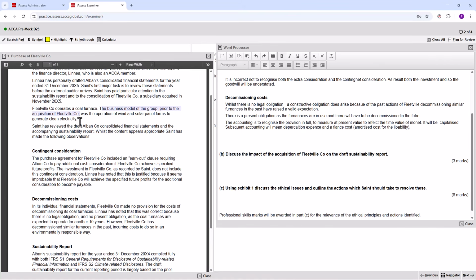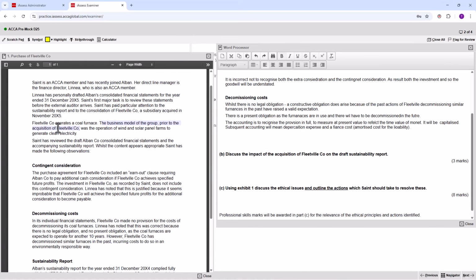Then we acquire a subsidiary, Fleetville, which is dirty, because Fleetville operates a coal furnace.